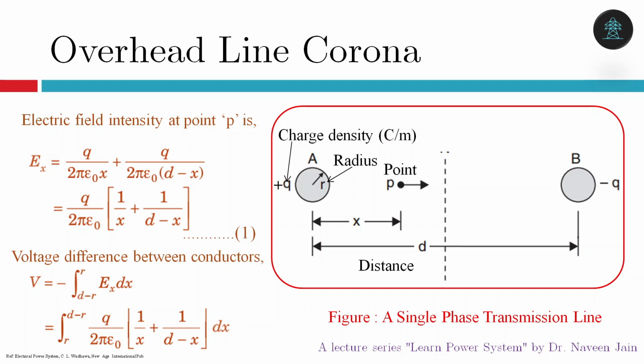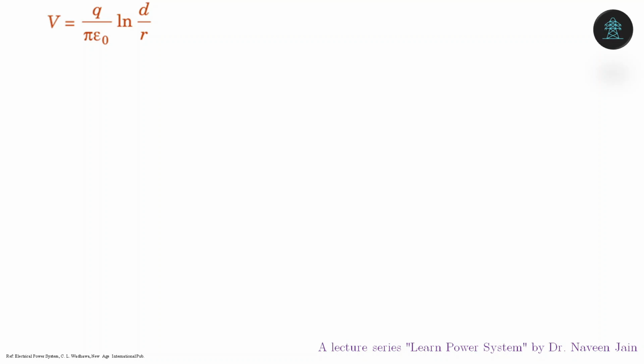So, having solved the expression, we obtained this equation number 2. Further simplifying this expression, we have this expression for voltage, that is q upon pi epsilon naught log d upon r.